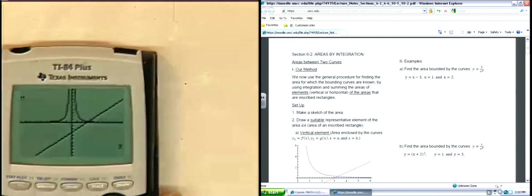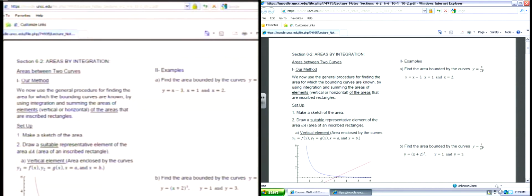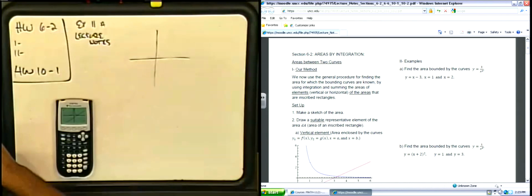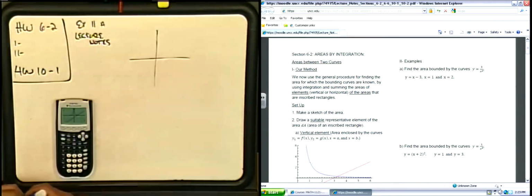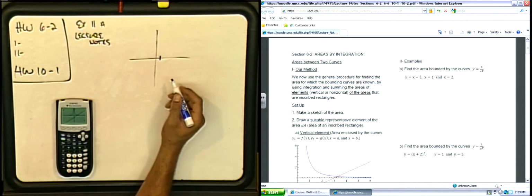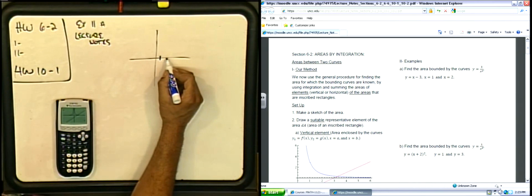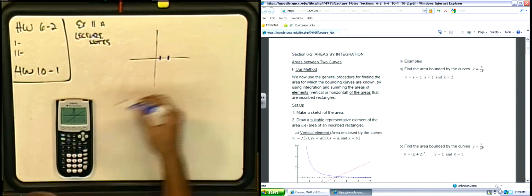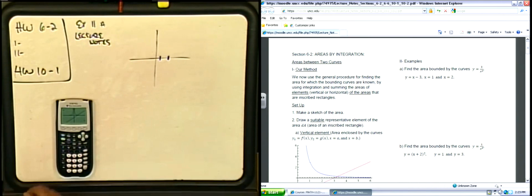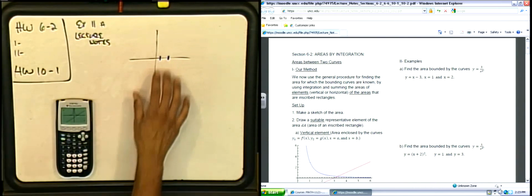So I'm going to draw this. X-axis, Y-axis. We have the points x equals 1 and x equals 2. So we want to find the area under the curves, the two functions, between these two points.